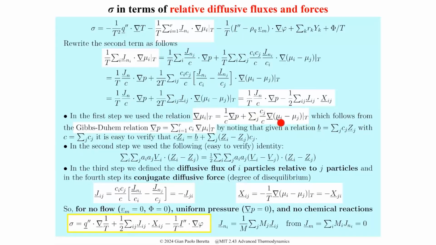And therefore, this summation, which goes still from 1 to r, effectively goes to r minus 1, because when j is equal to i, this difference is 0. Okay? So this is the first step that we make. We substitute this into here.